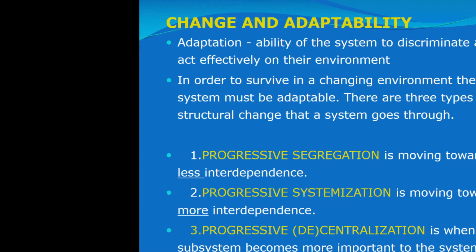There are three types of structural change that a system goes through. Progressive segregation is moving toward less interdependence. Progressive systematization is moving toward more interdependence, and progressive decentralization is when one subsystem becomes more important to the system.